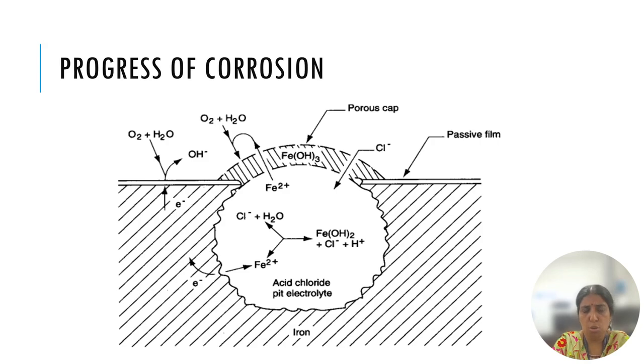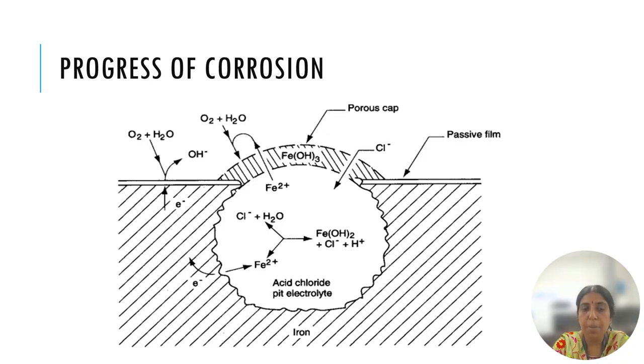Progress of corrosion. We should also understand, apart from the mechanism of corrosion, whether it is by oxygen absorption or hydrogen evolution, we could only see a spot of the oxide on the surface of any metal. But this could be a very big corrosion happening at the iron metal piece. As you can see, only a small portion is corroded on the top surface, which is fully covered or protected with a passive film.